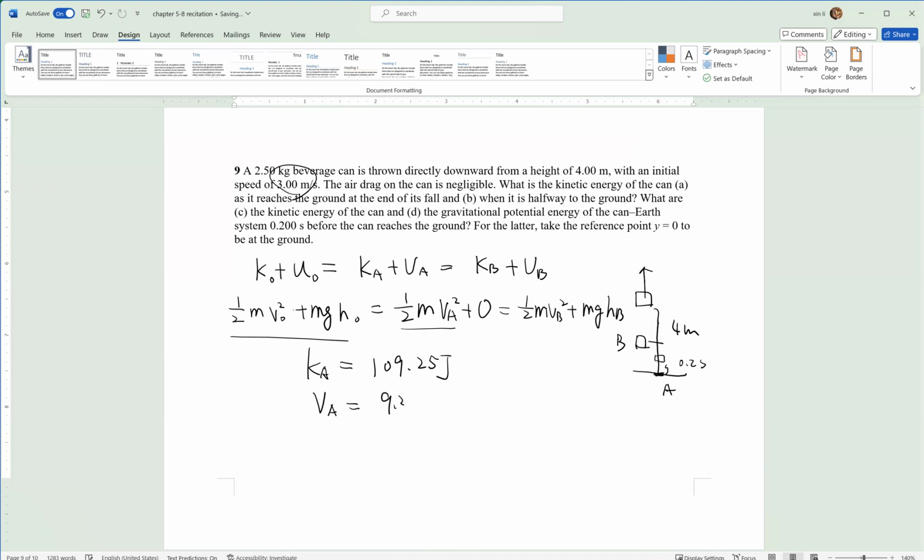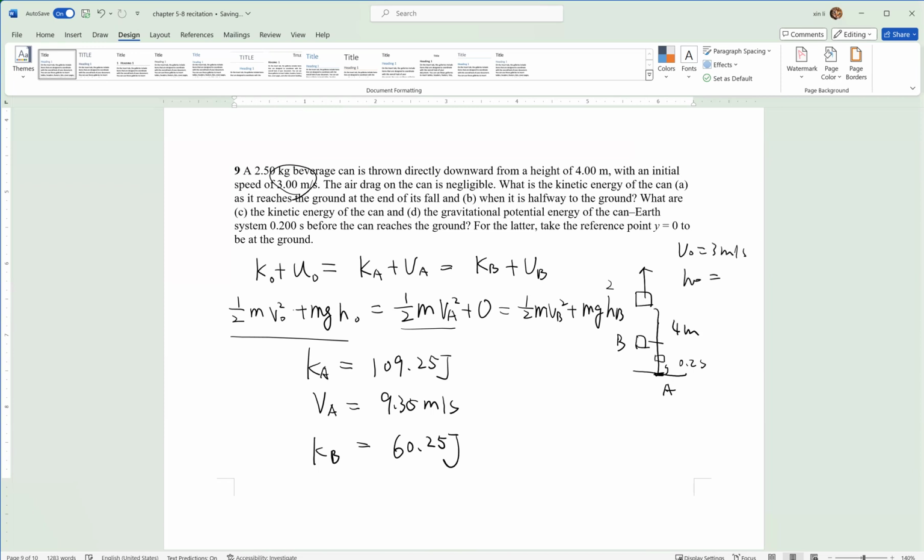It's 9.35 meters per second. And then for our Kb, hb here is 2 meters. You put everything in, and your Kb should be equal to 60.25 joules.